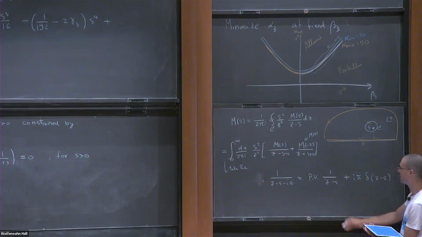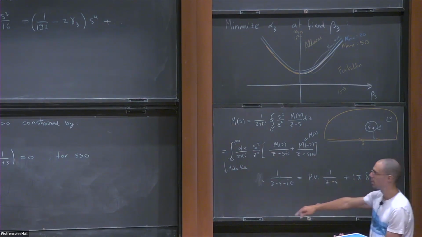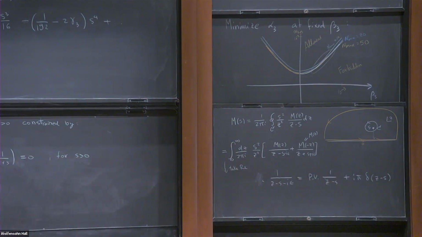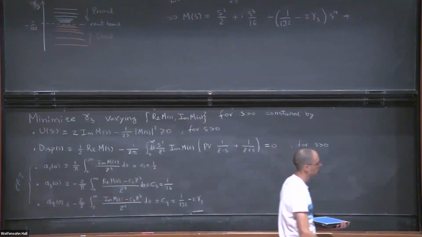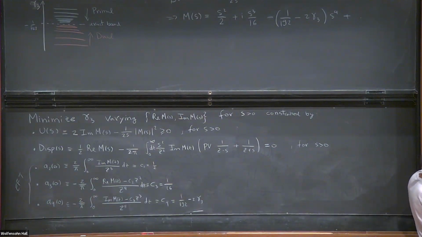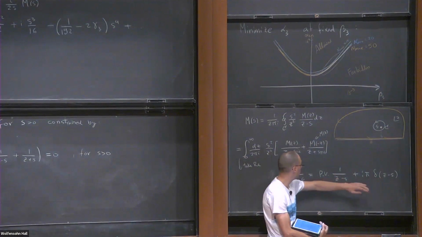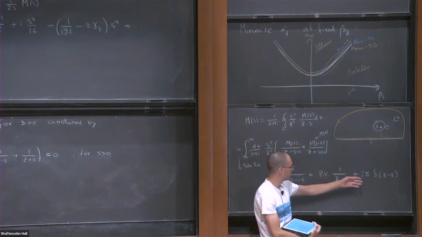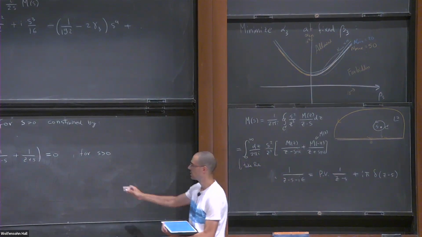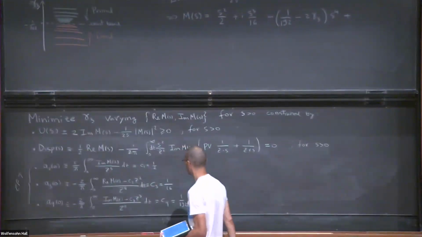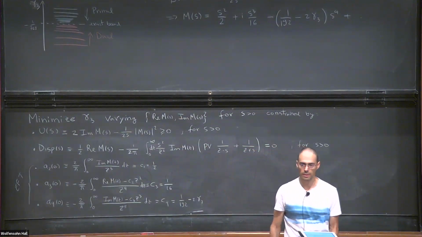Okay, and then I take the real part and I obtain this equation. Here I have an i, so taking the real part, I get the imaginary part of m, and the real part, this delta function gives me m again, so I get m on both sides, so that's why I get this factor of a half of the real part, not the full. Oh, okay, that's some detail.